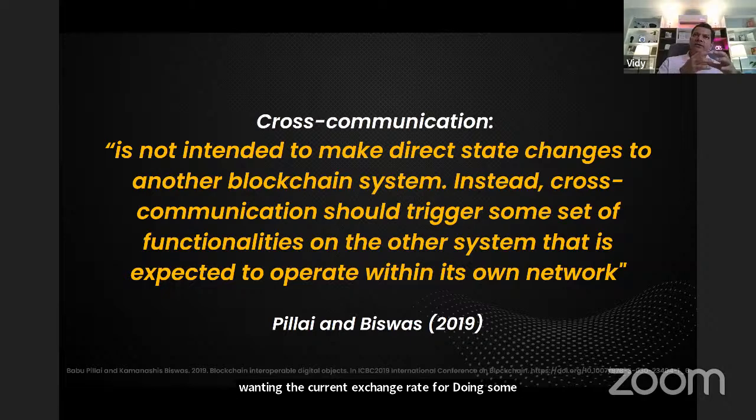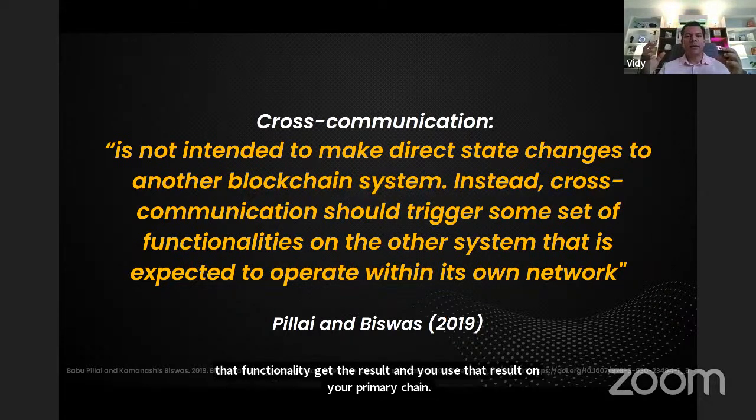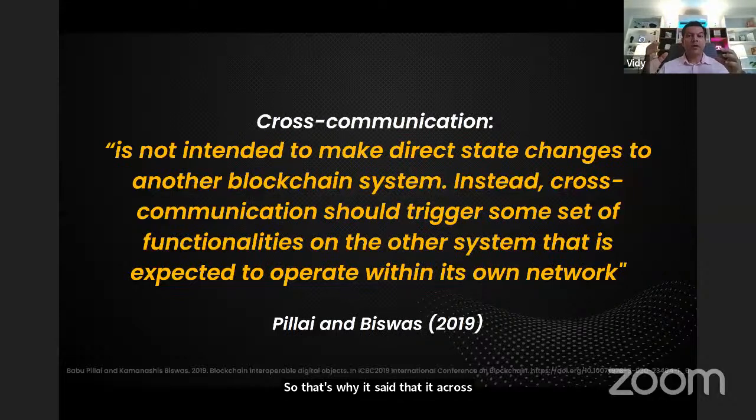So this chain may have to go to the other chain to use one functionality, which is: tell me the exchange rate of Australian dollars to Indian rupees. You go get that functionality, execute it, get the result, and use that result on your primary chain. That's why cross-chain communication is not going to change the state of the other blockchain. That blockchain is how it is, but another blockchain can come to it, do some calculations, and come back and use those results.